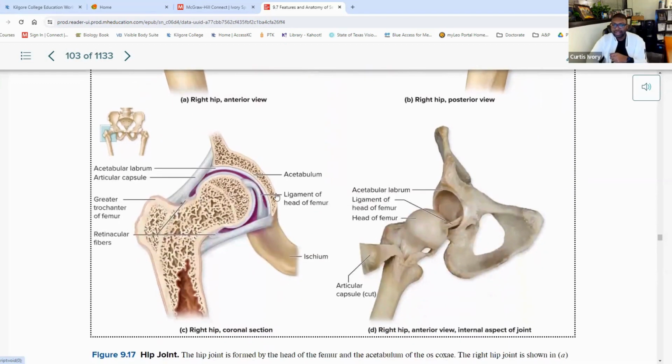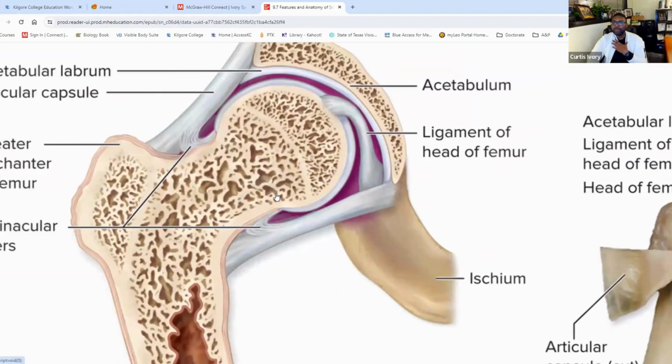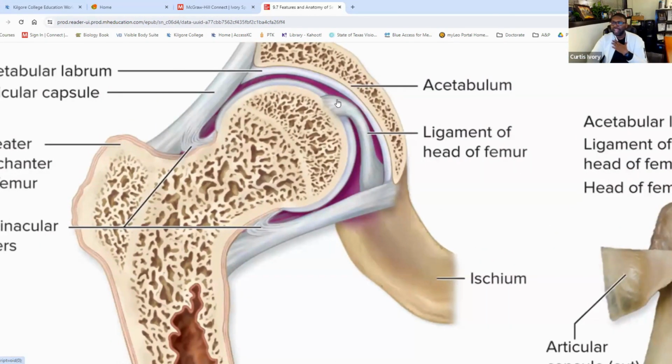Now, on the inside of the acetabulum, as I like to pronounce it, if you remember on the femur, it had like a little bitty pit in the head. That pit is called the fovea or fovea capitis. That fovea is going to be the site of attachment for the ligament, so the ligament of the head of the femur.